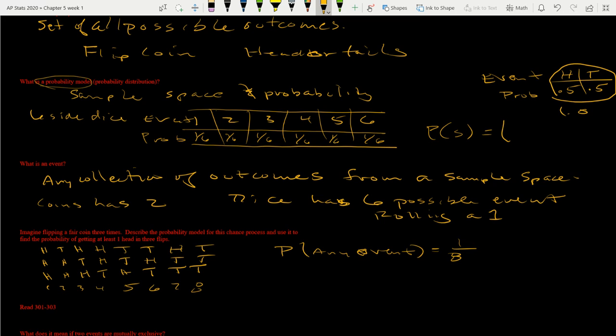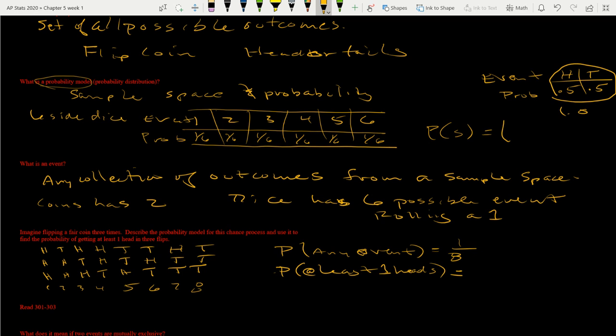All right. Now, what they want is the probability of at least 1 heads in 3 flips. So we're going to look at this and go, okay, well, how many of them have at least 1? So if I look at this, I'll change colors on this.